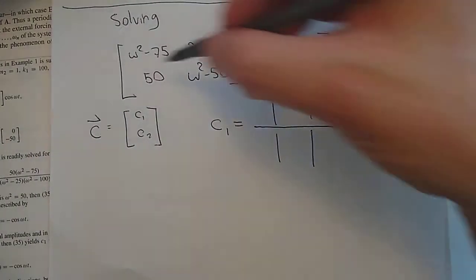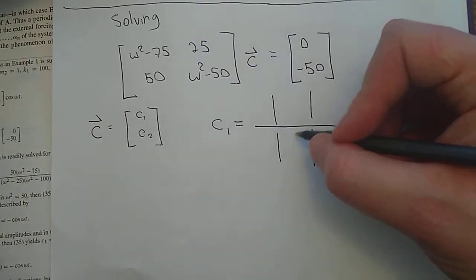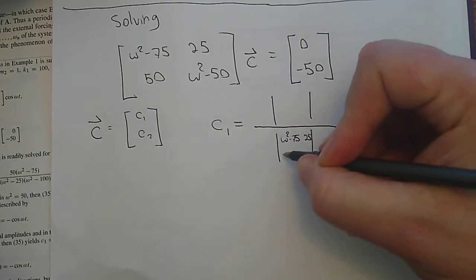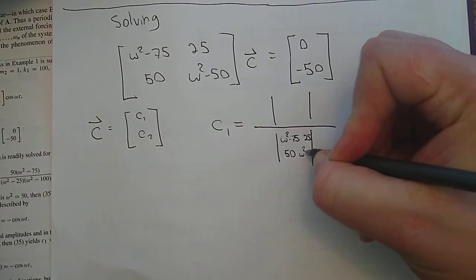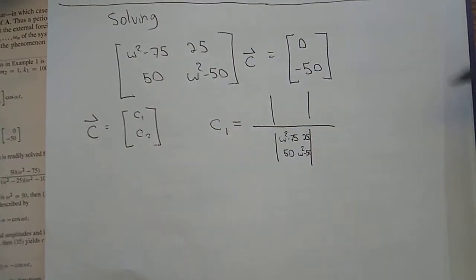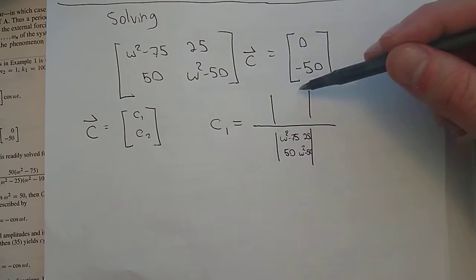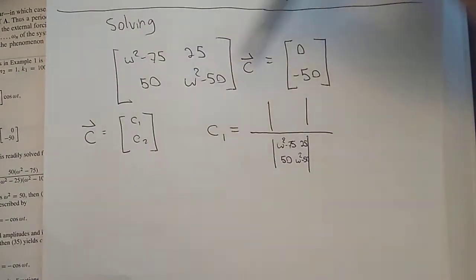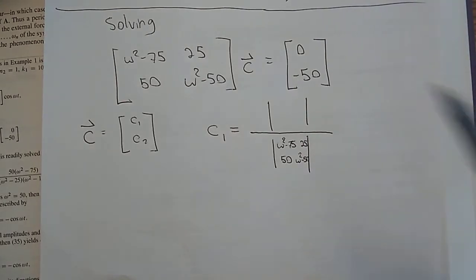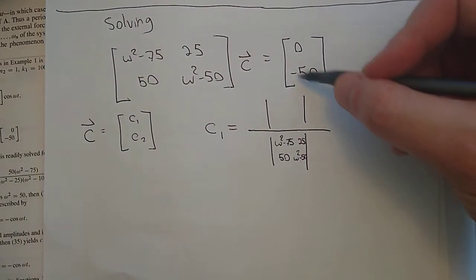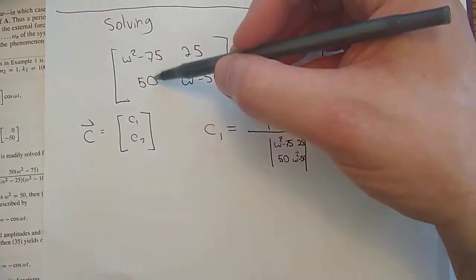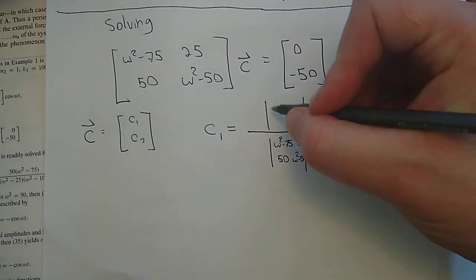The determinant on the bottom is just the determinant of the original matrix. Sorry, I'm writing so small. The determinant on the top is going to be the original matrix with one column replaced. I'm going to replace one of the columns with this vector. Which column do I replace? The first column, because I'm doing C1.